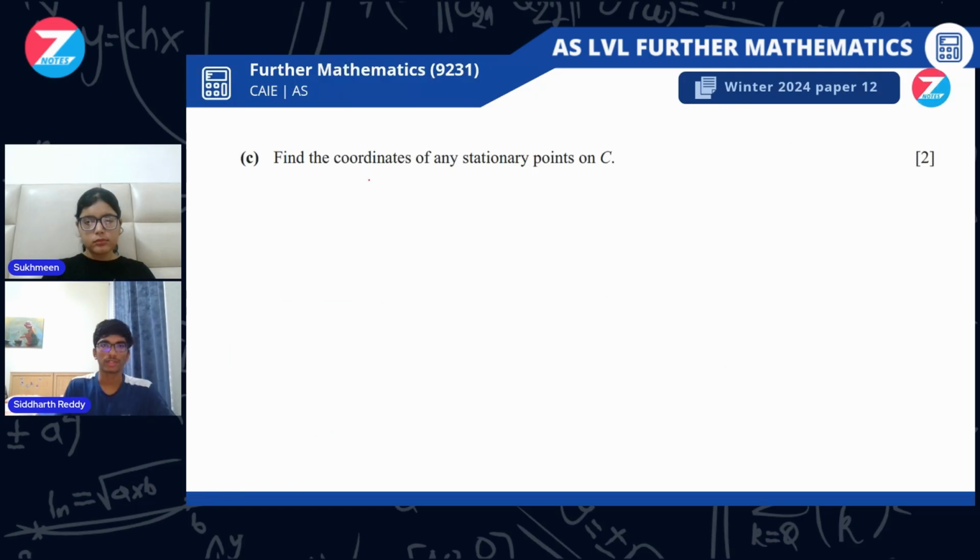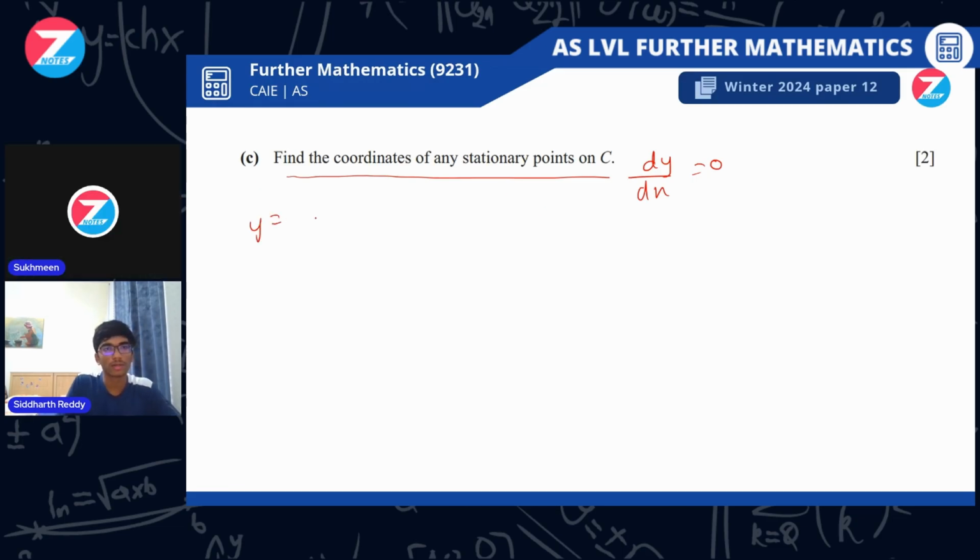Find the coordinates of any stationary points on C. So stationary points occur when dy by dx is equal to 0. So we now find the dy by dx of this. So y is equal to x square plus 3 by x square plus 1.